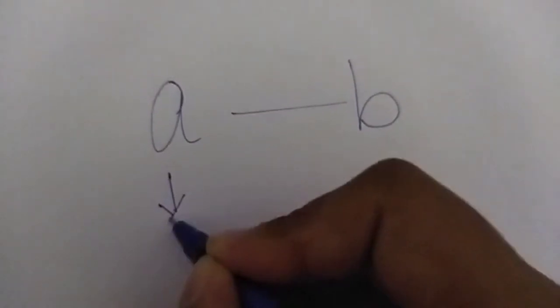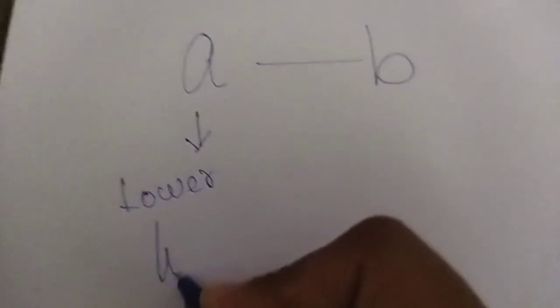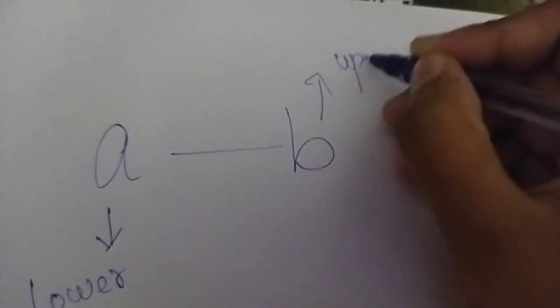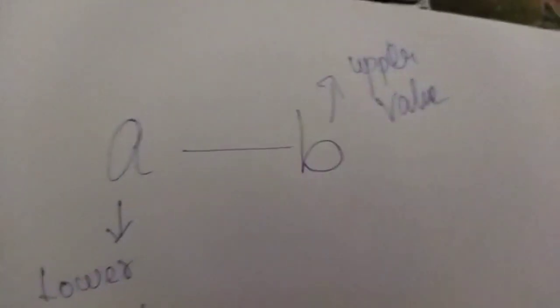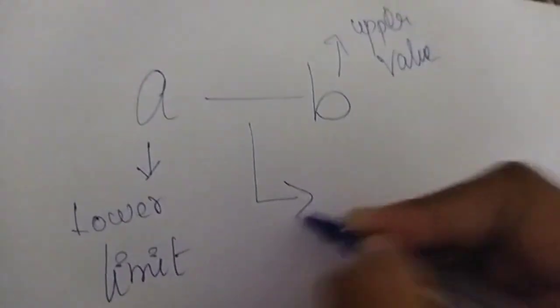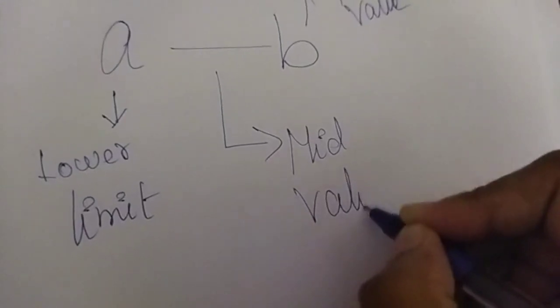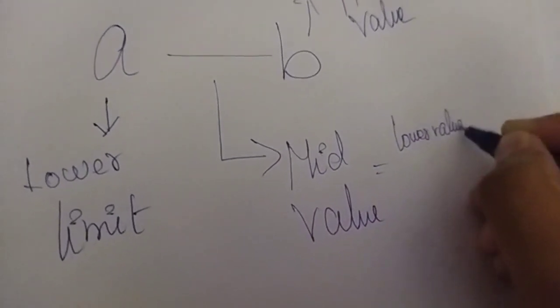Here A is called the lower limit and B is called the upper limit or upper value. So A is the lower value and B is the higher value, that is the upper value.